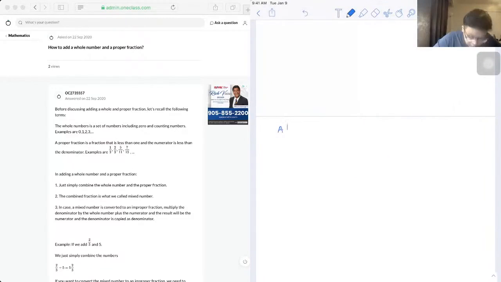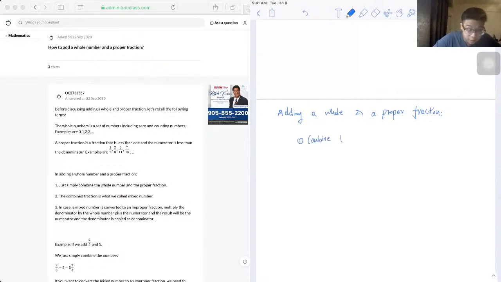So we want to add a whole number and a proper fraction. The first thing, we just simply combine the whole number and the proper fraction, which means we're just adding them together.